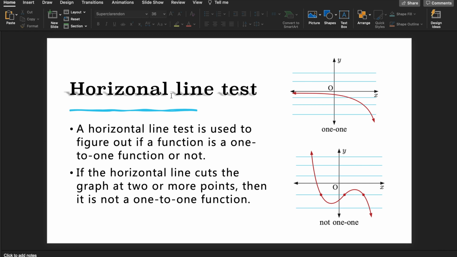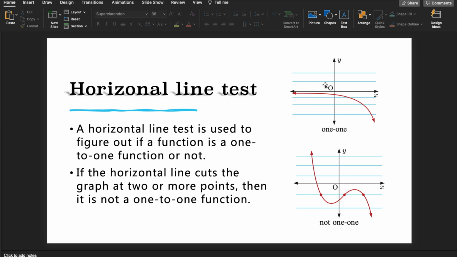Okay, the next one is the horizontal line test. This is somewhat similar to the vertical line test, but here we are checking if a function is a one-to-one function or not. So what we'll have to do is very similar to the vertical line test, draw horizontal lines instead. And we'll have to see if the line is being cut twice or more than that.